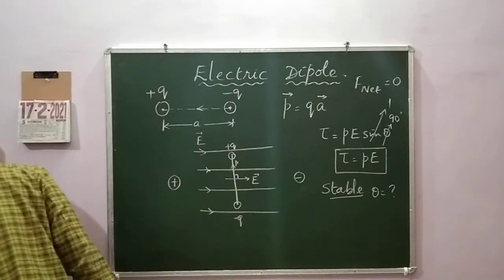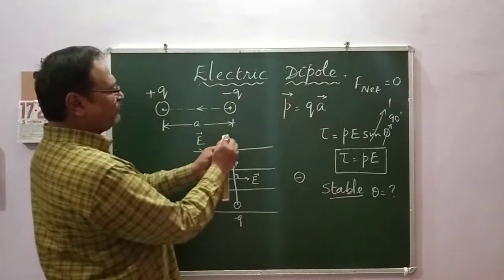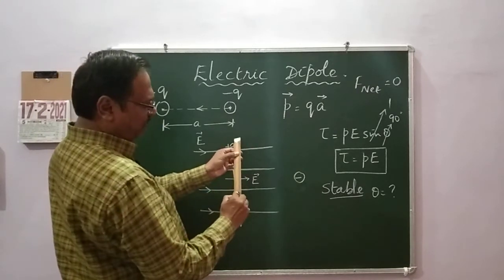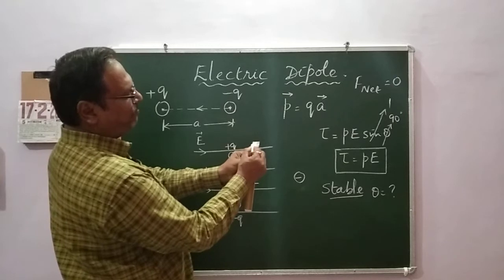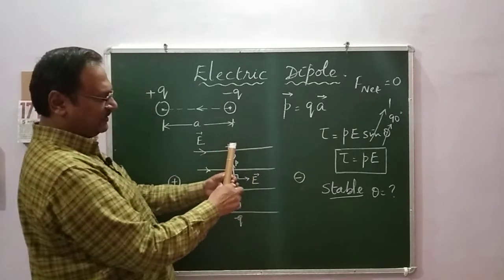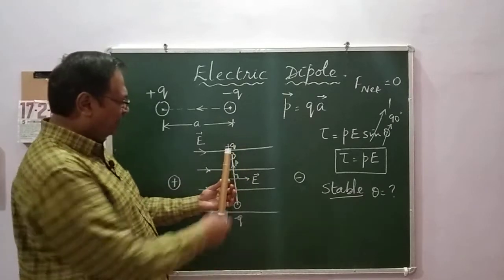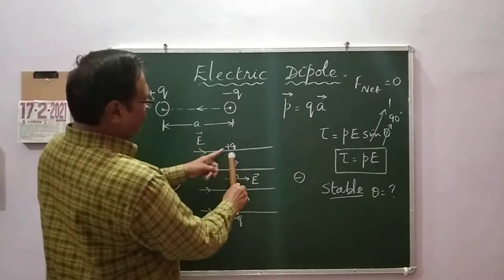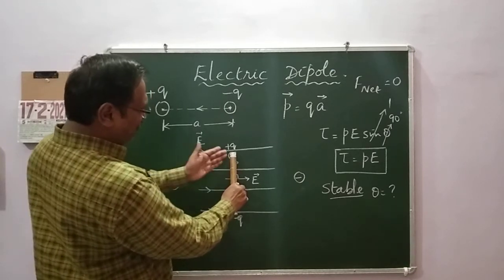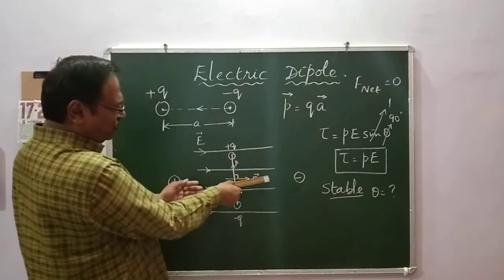Now let us see. This is plus Q and this is going to be minus Q. I made this broader, this is plus, and this is smaller, narrower, and this is negative. Now, when I place it like this, what will happen? As it rotates, it comes and rests in this position.